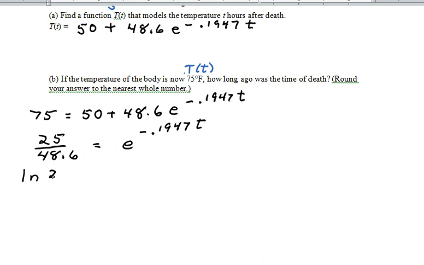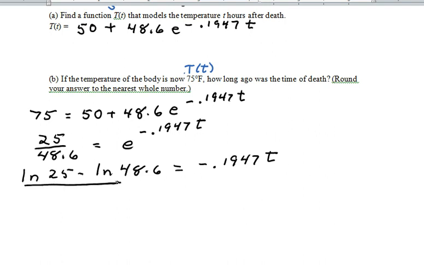So natural log of 25 minus natural log of 48.6 is going to equal natural log of e to the power, and because the natural log and exponential with the same base are inverses of each other, we're left with the exponent.